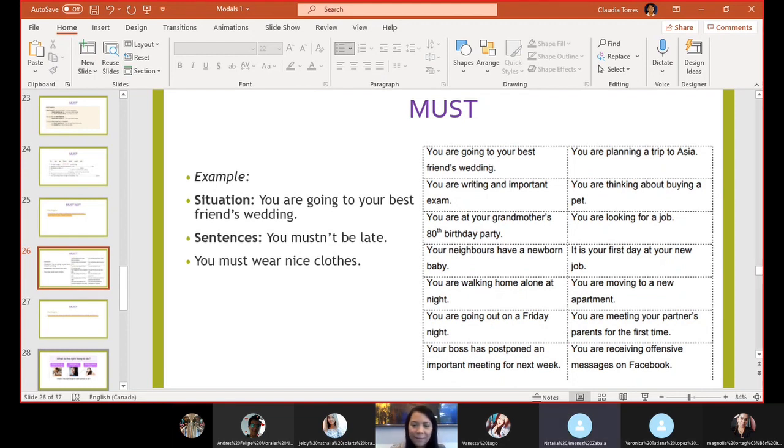What must I do? I mustn't be late. Yeah. I must bring her a present, and I think I must help with the organization of such an important event, because 80 years old, oh my God, that's an accomplishment. Yeah, for sure. Perfect. That's the idea.